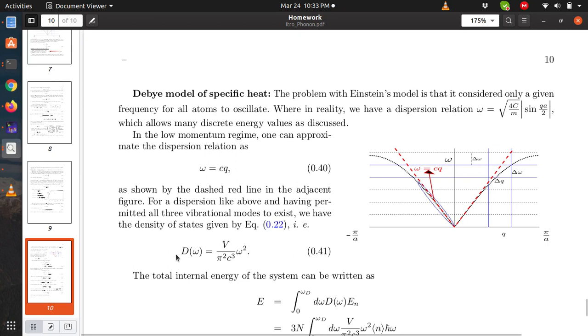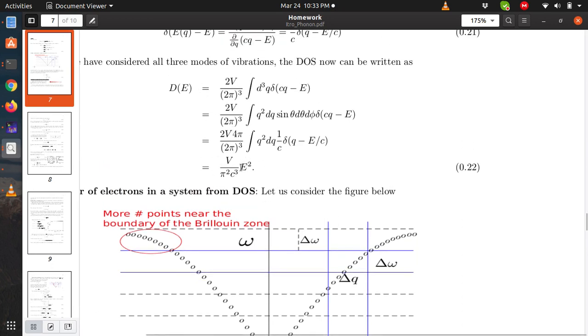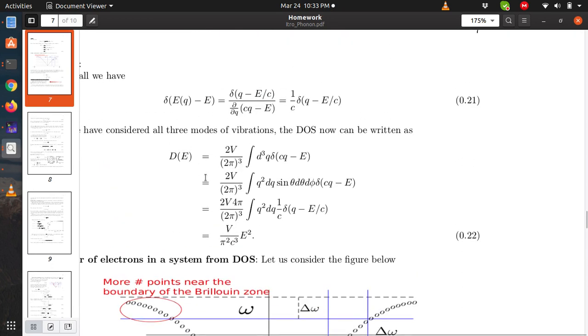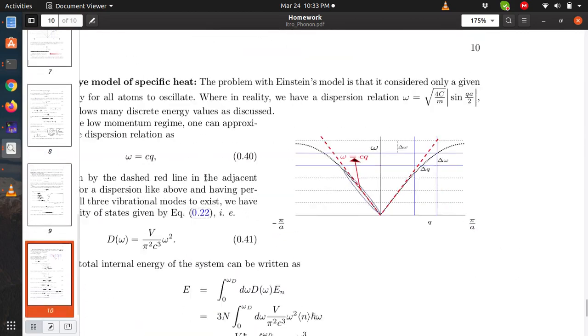And what you're going to see is the density of states D(omega), which will be proportional to omega squared. Let's just have a look at equation number 0.22. You can see here D(omega) equals e squared. Please follow this derivation for a better understanding. Now let's go back to where we are.